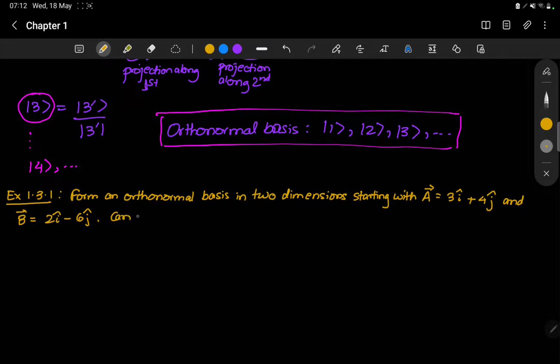Then it says, can you generate another orthonormal basis starting with these 2 vectors?